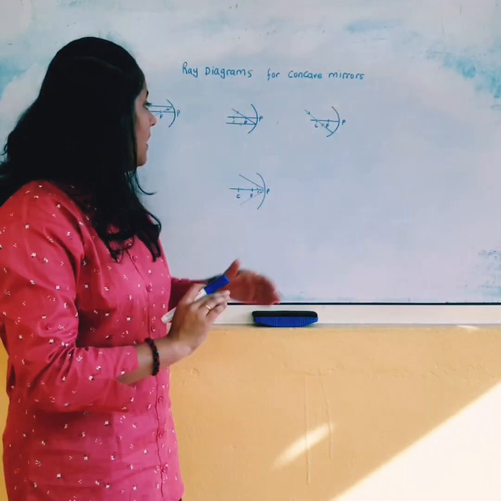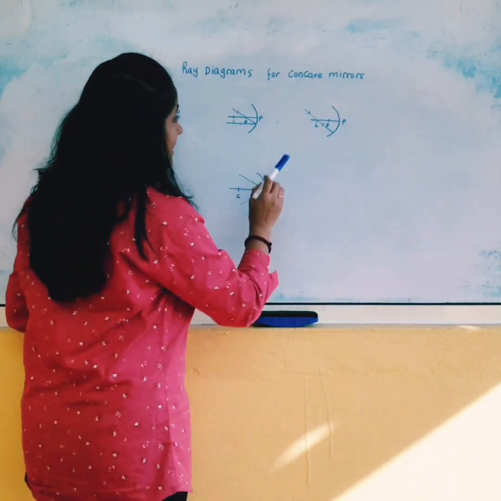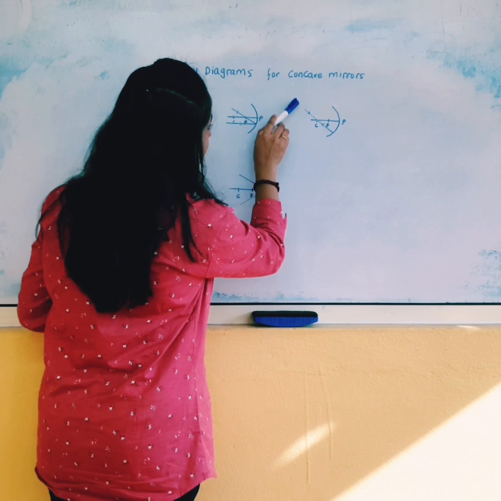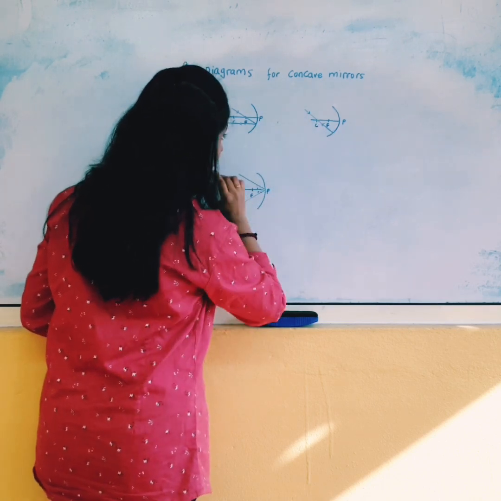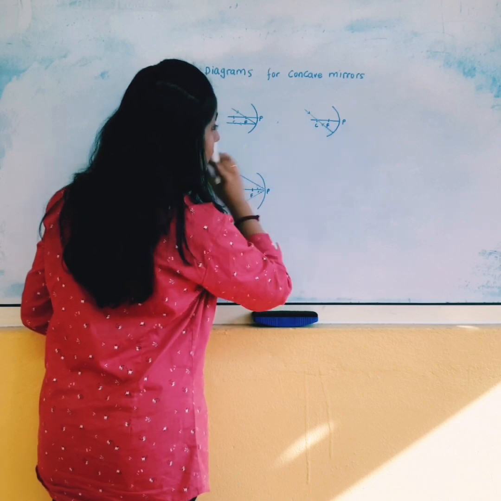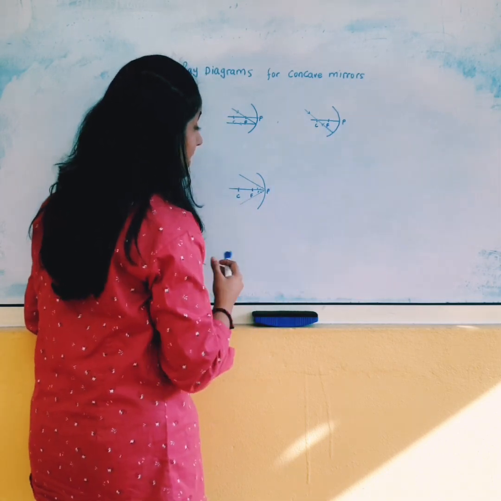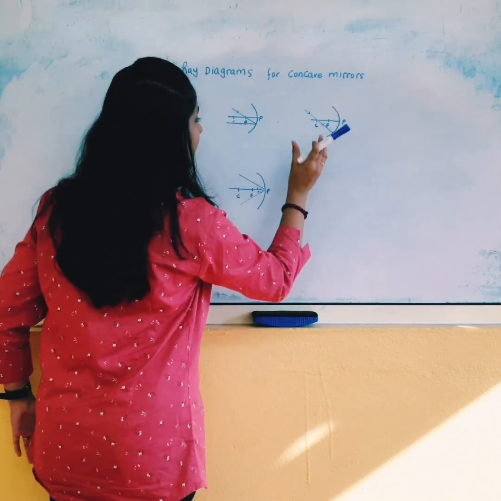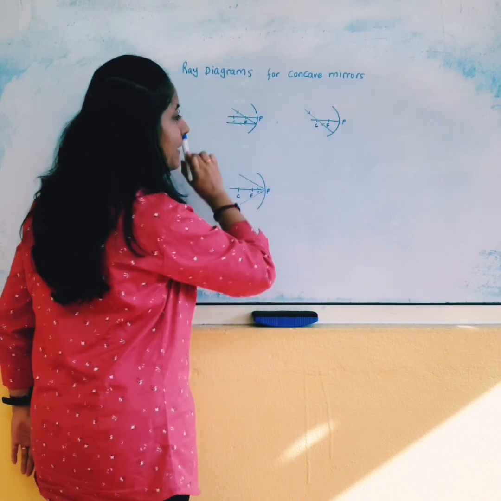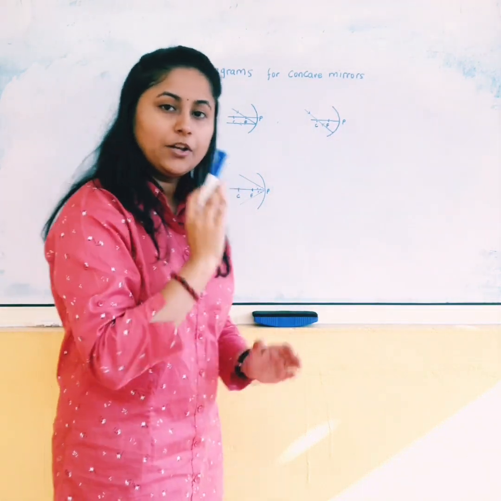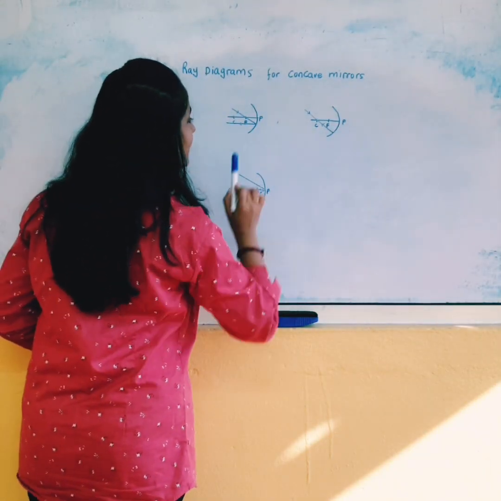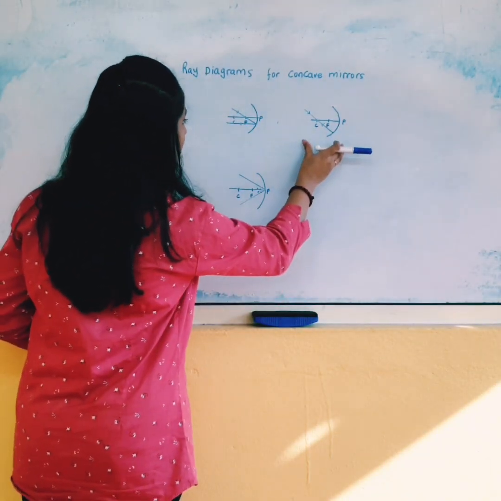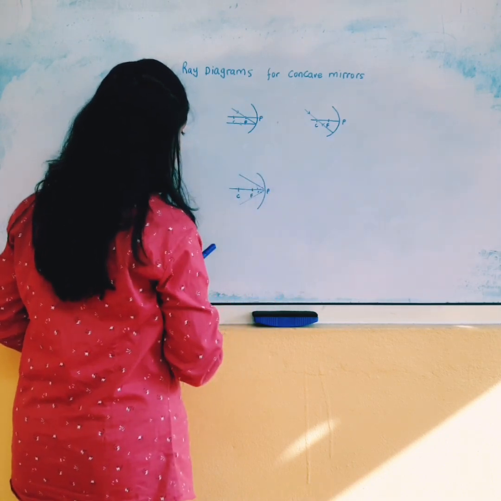Now the third case. In the third case, the incident ray is passing through the center of curvature and falling on the mirror. Now you will wonder where the reflected ray is. But the reflected ray will take the same path and move back through the center of curvature itself, because it makes a 90-degree angle with the mirror.